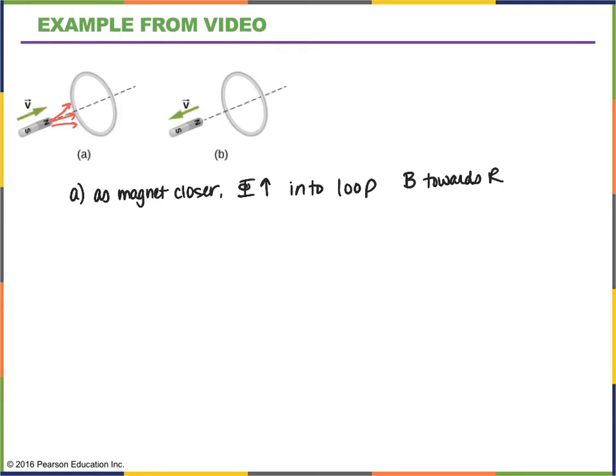And so to offset the flux that's getting bigger, we need a magnetic field induced in the opposite direction.